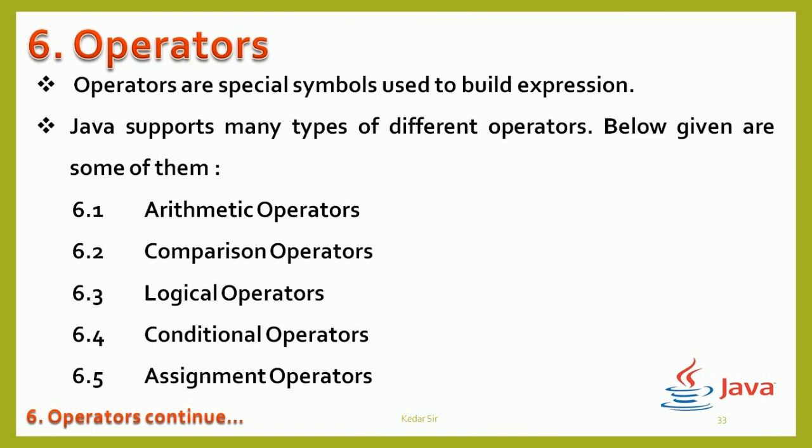That's why students from the maths group choose the computer subject after the 12th standard; they learn the mathematical rules and logic in the 11th and 12th standard. Java supports many types of operators. Below given are some of them: mathematical operators, comparison operators, logical operators, conditional operators, and assignment operators.